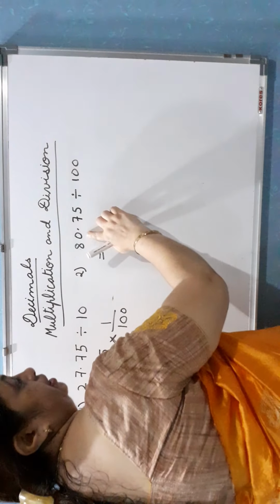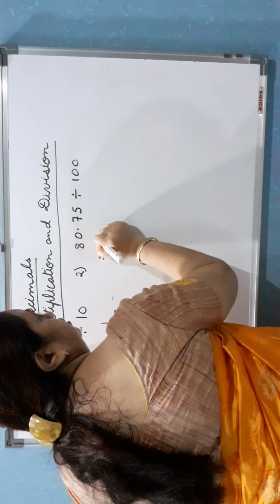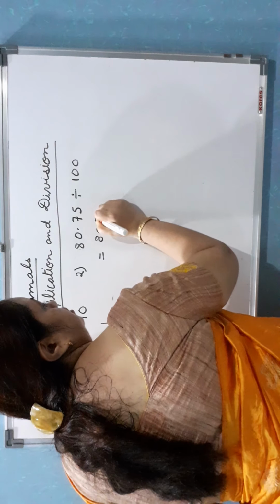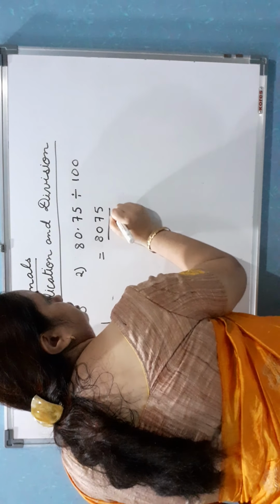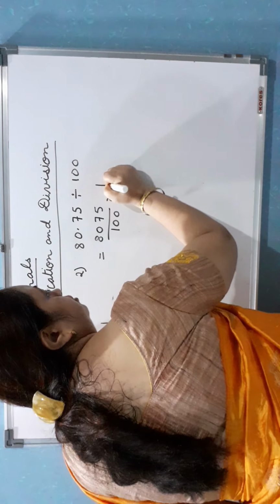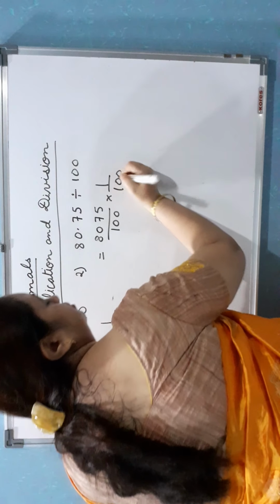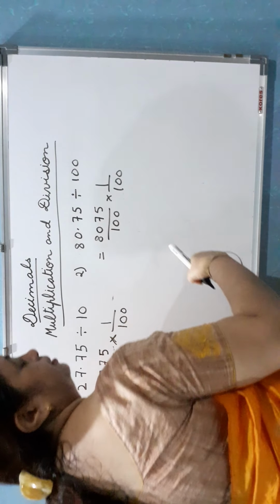Now look here, 80.75 divide by 100. So 87.5 divide by 100 is this. So 0.75, to cancel this point into 1 by 100. Means we are dividing by 100 again to cancel this point.